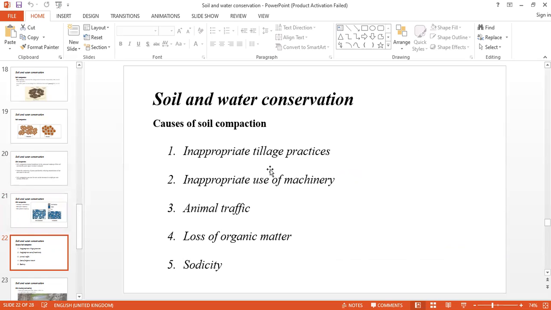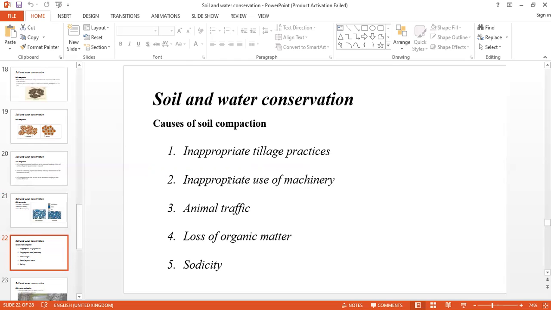When we talk of measures of soil conservation, we'll actually be talking of appropriate tillage practices. Which practices can we do to avoid soil degradation? We'll look at it when we come to the measures. But if you have practices which destroy the structure of the soil, then it will lead to compaction.